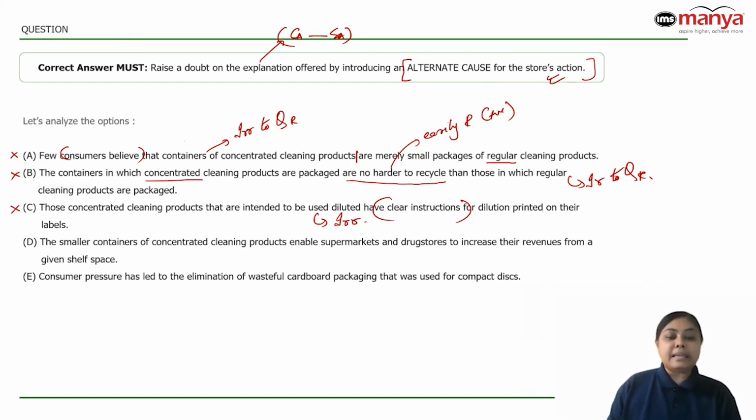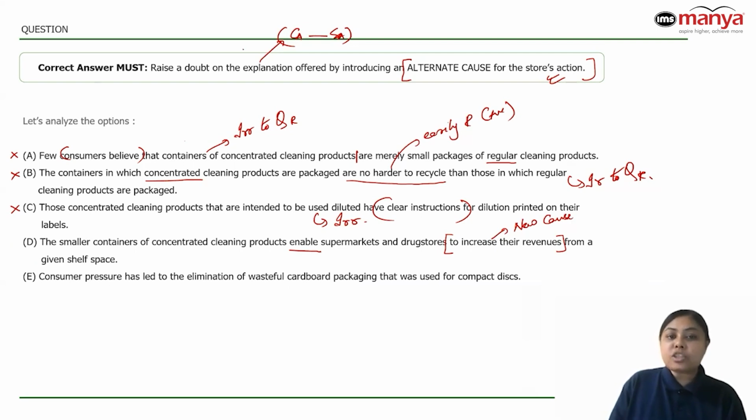Option D: the smaller containers of concentrated cleaning products enable supermarkets and drugstores to increase revenues from a given shelf space. This gives me a new reason, right? It gives me a new rationale, a new cause why this plan is being initiated, why they are having these smaller containers. So what does this option do?